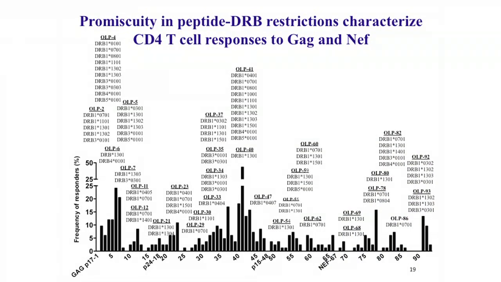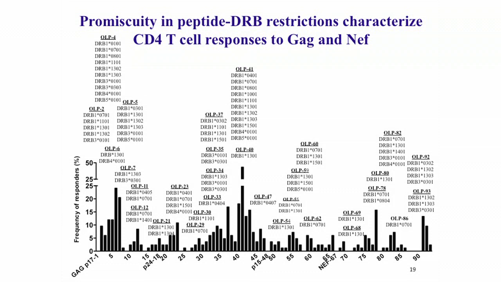And what has been described in other infections, we were still surprised about, was this huge level of promiscuity. One single peptide was presented by over 11 different HLA-DRs. So it was not like what Watkins showed last week, that one response is restricted by one MHC allele. We have in CD4 T cells that one peptide can be restricted by over 11 different HLA-DRs.